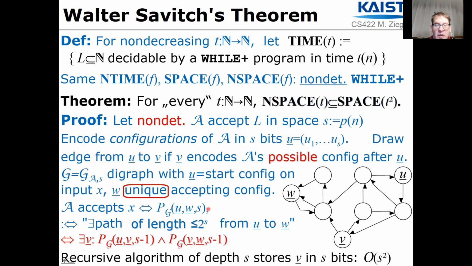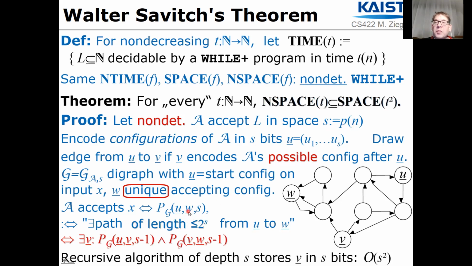So this is what we see here on the bottom of this slide, namely an implicit, let's refrain from spelling this out in pseudocode, a recursive algorithm that evaluates this kind of predicate recursively. So how would it do it? It will receive as input the starting configuration, which uses S bits.